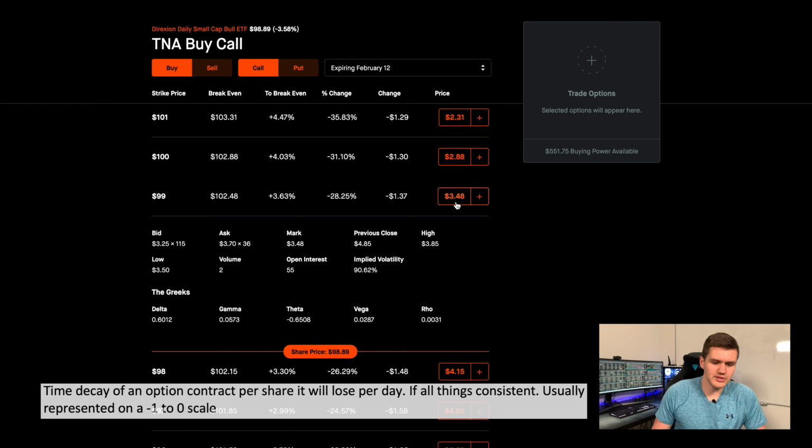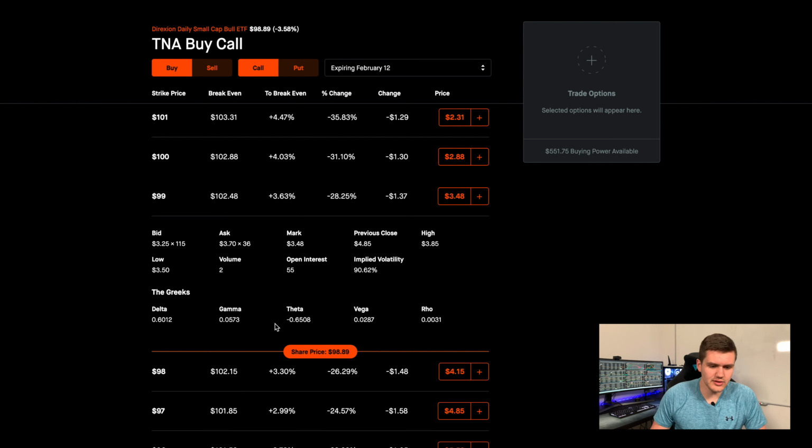Another thing that I want to mention is Theta, which is time decay, or decay over time. We can see on this option that we'll be losing about 65 cents per underlying share, so $65 per day of time decay of the option.